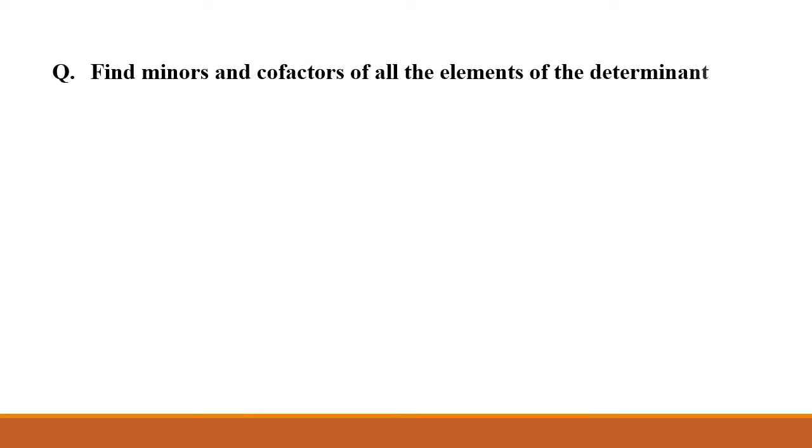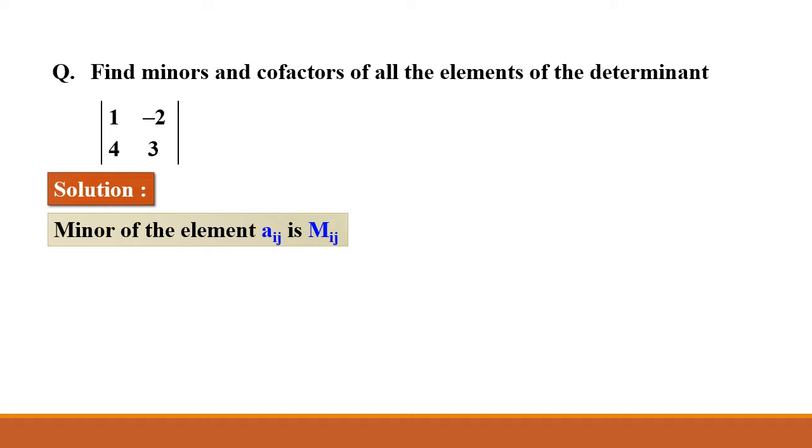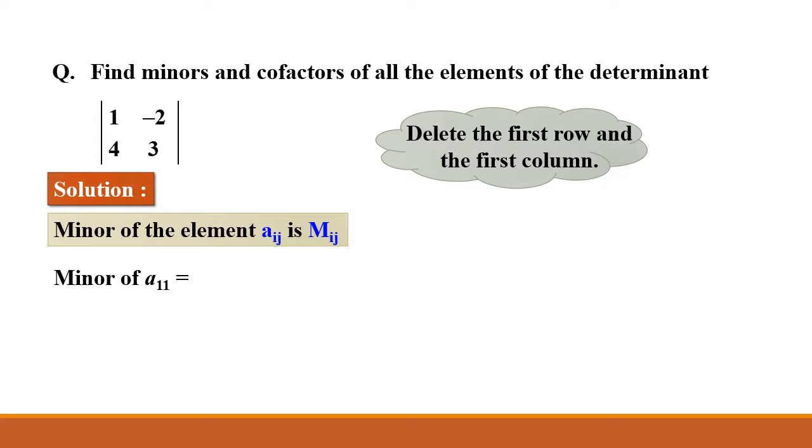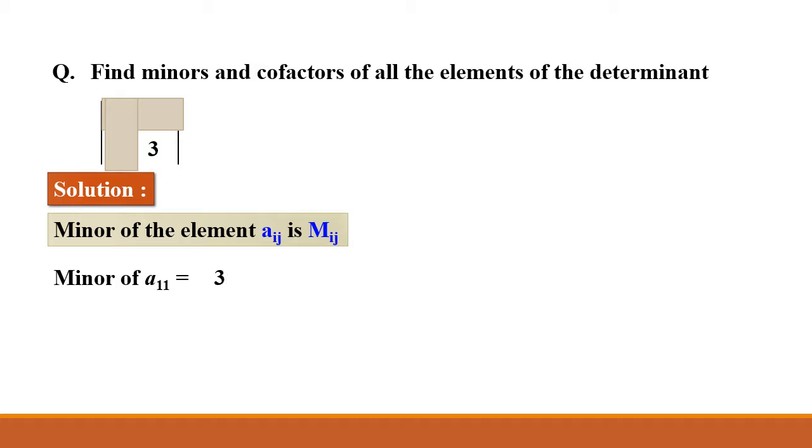So we will consider an example now. Find the minors and cofactors of all the elements of the determinant 1, minus 2, 4, 3. The minor of the element Aij is denoted by Mij. First we will calculate the minor of the first element, which is obtained by deleting the first row and the first column, which is equal to 3.